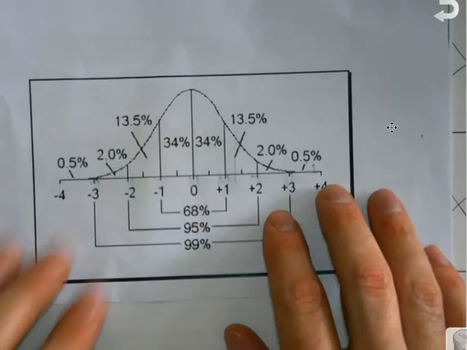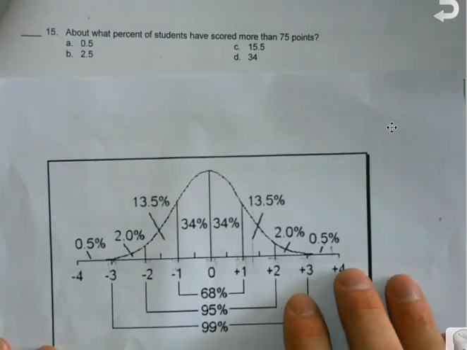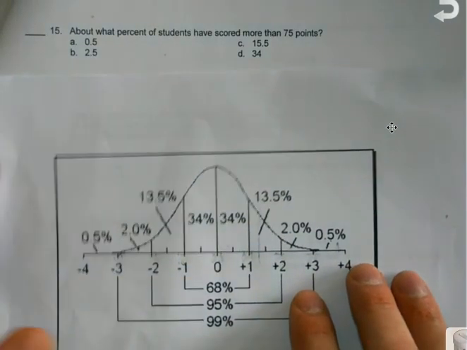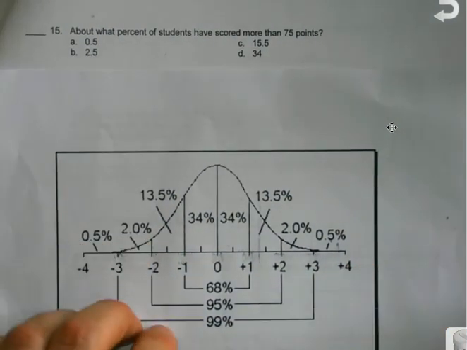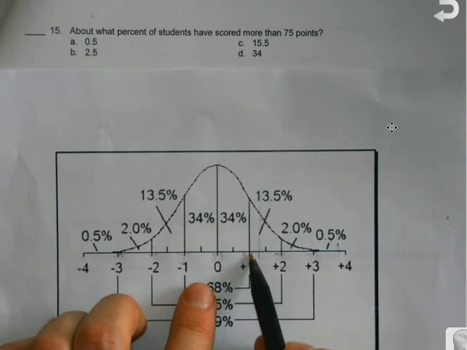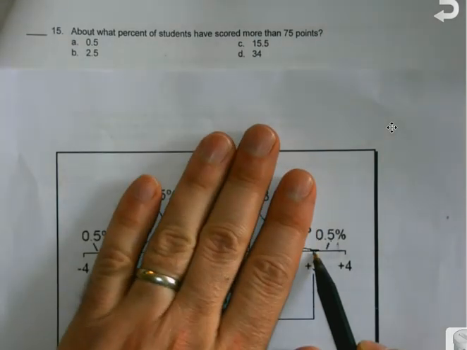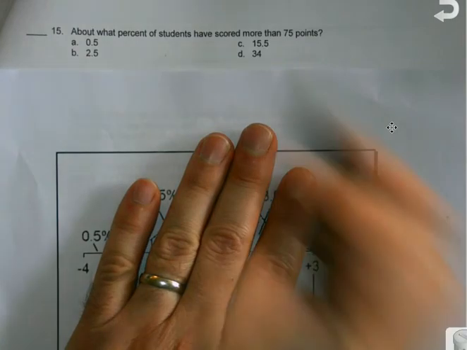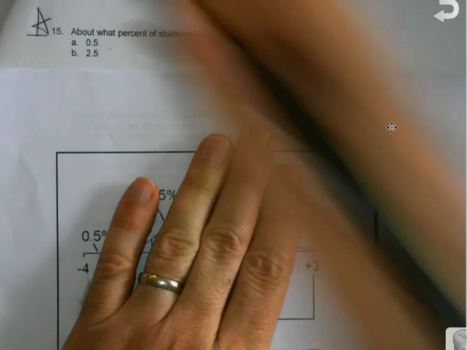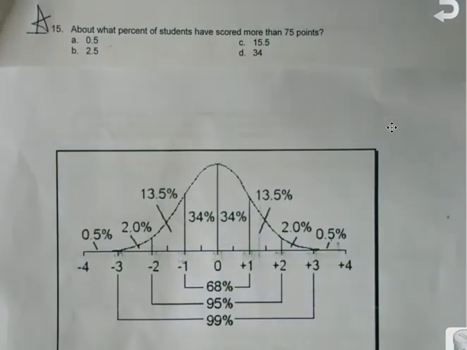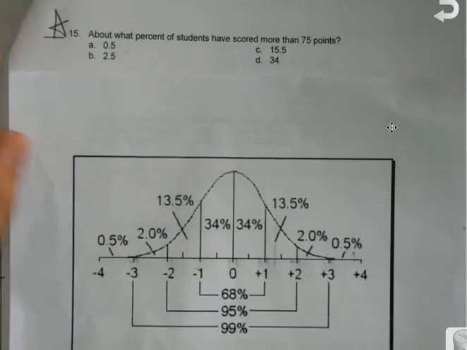Okay, I got to remember here. We started at 50 or 60. 60. Okay, that's kind of important to know. So 60, 65, 70, 75. 0.5 the other way. So whenever we're talking about these points or standard deviations, we have to pay attention to what direction we're going to.